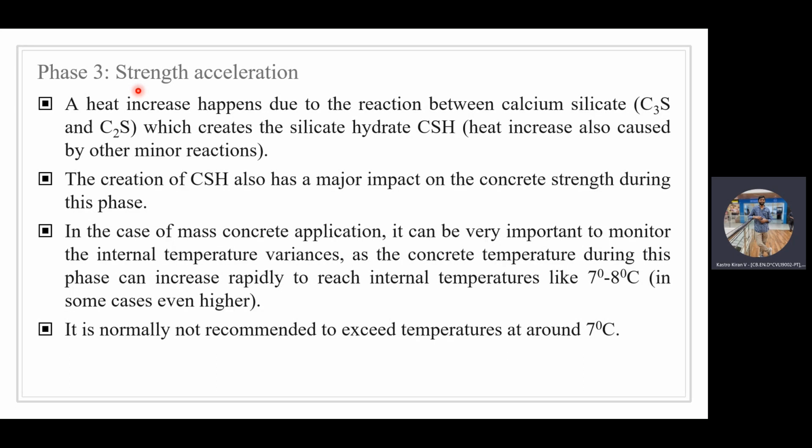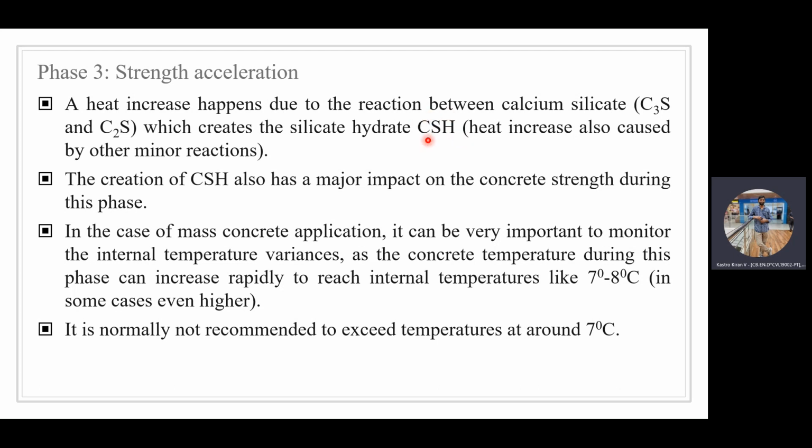In this case, a heat increase happens due to the reaction between C3S and C2S. What is C3S? Tricalcium silicate, and C2S is dicalcium silicate. Because of this reaction, a product will get formed which is called CSH, that is calcium silicate hydrate.